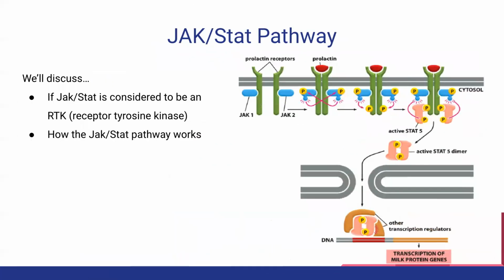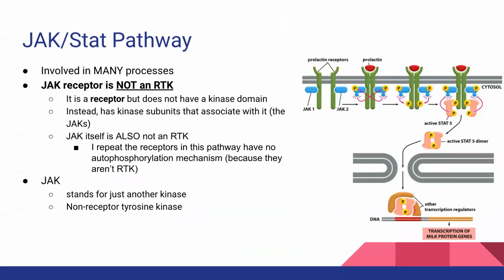Okay, now we're just gonna discuss whether JAK-STAT is an RTK or not. And it's not. And the main reason is because it's not a receptor. So it's a tyrosine kinase, but it's not a receptor. The two receptor monomers do not autophosphorylate each other, but they have JAK subunits, which are proteins.